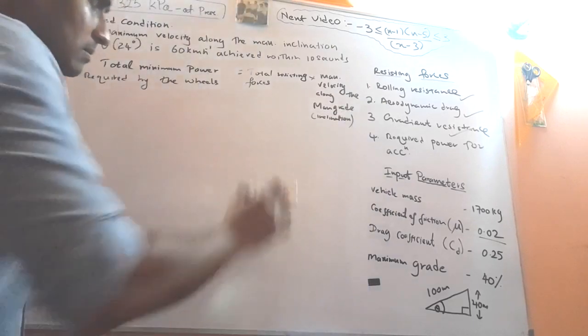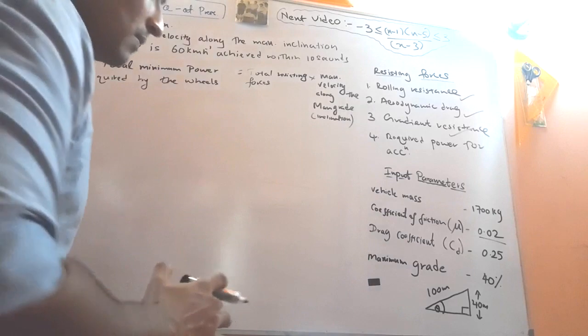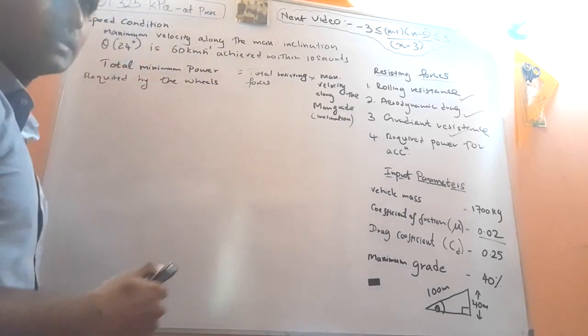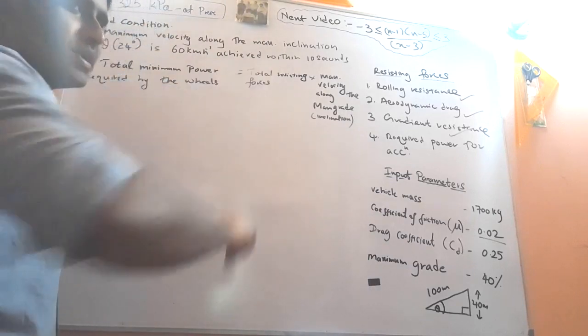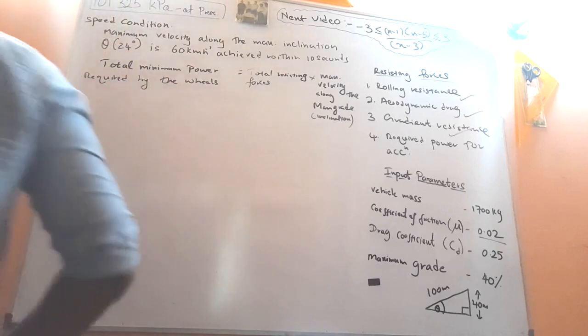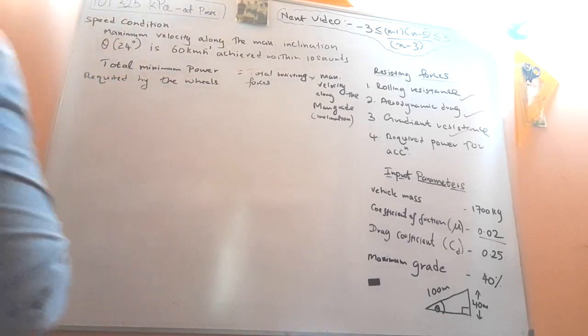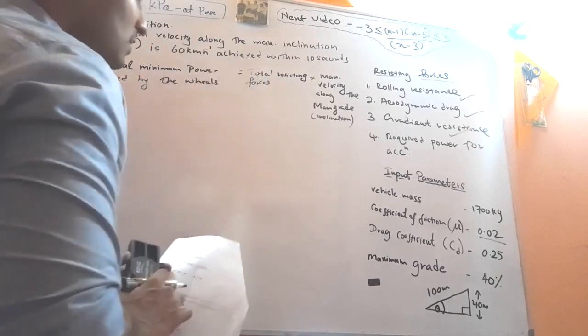So now here I have previously told you that we are going to consider the inclined scenario. The vehicle is traveling along the maximum grade, right? So now wait. So now what are the total resisting forces? You know that, right?